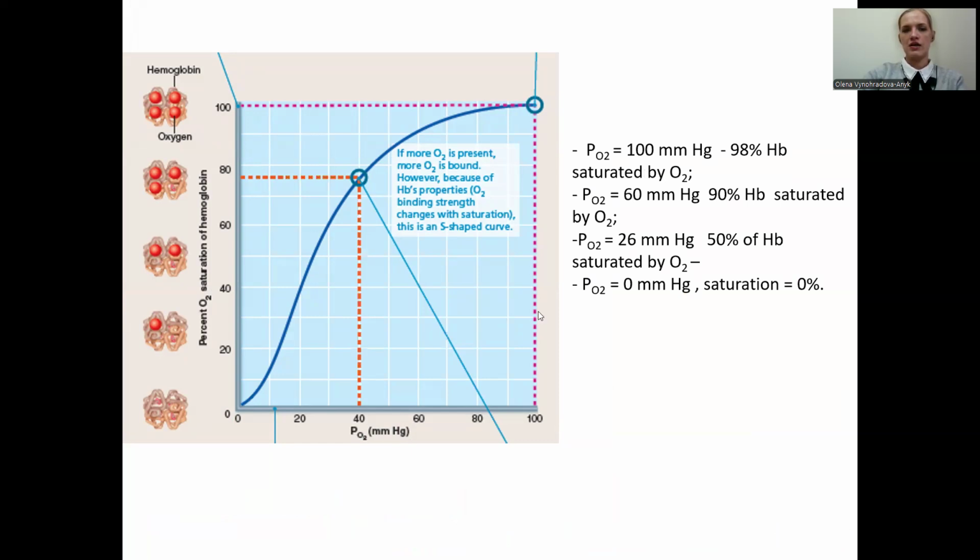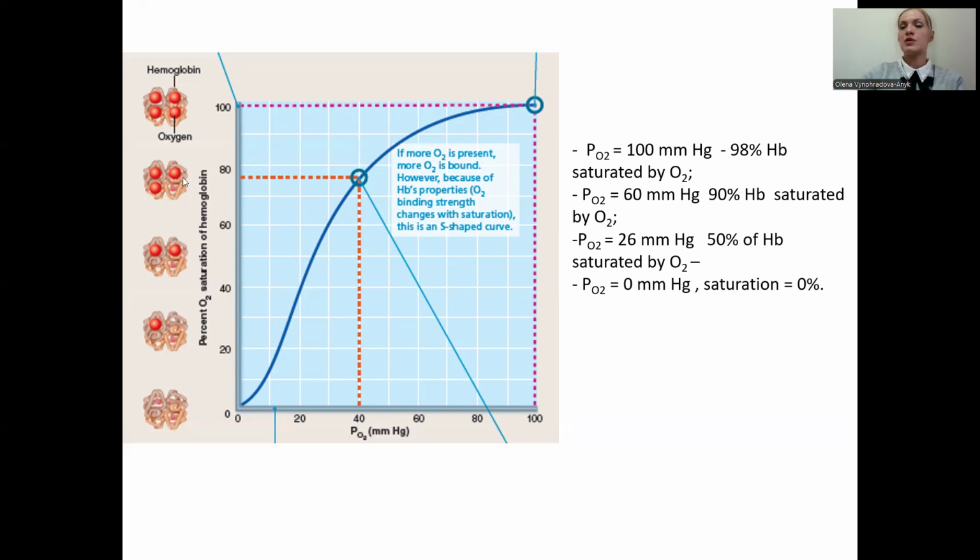And here we have the curve of hemoglobin dissociation. In the lung, we have less dissociation because it is not needed. Oxygen should not be released in this area to tissue. Hemoglobin is full of oxygen. When hemoglobin is transported by our blood, the area around tissue has less partial pressure of oxygen.